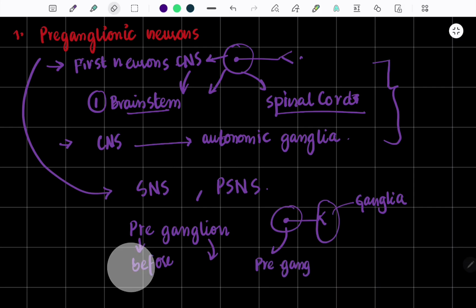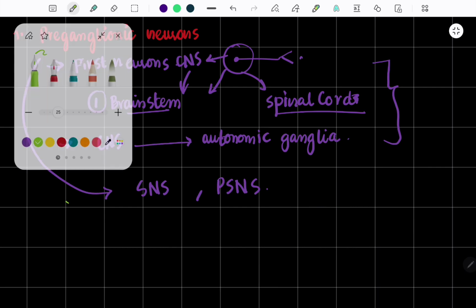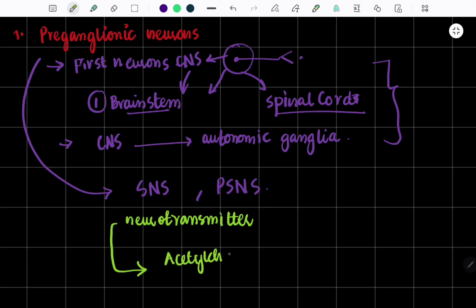Now let me tell you one of the most important things about preganglionic neurons, and that is what type of neurotransmitter is released by them. You have to remember that preganglionic neurons always release acetylcholine, ACh.